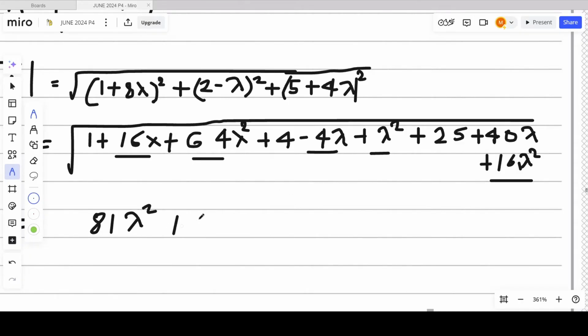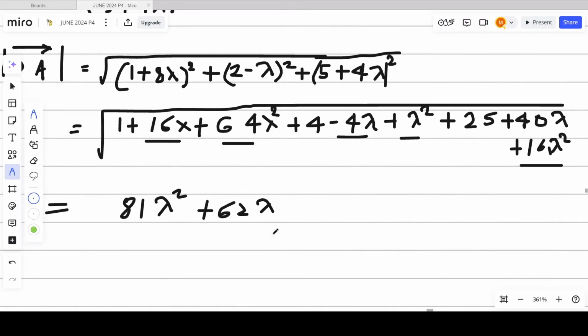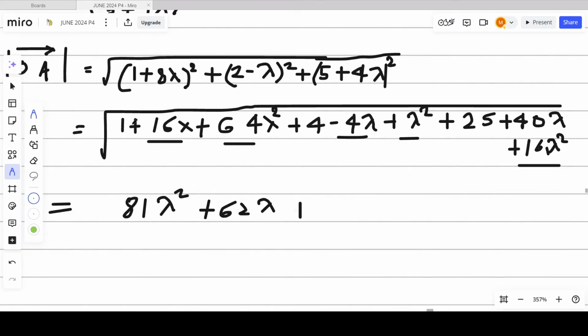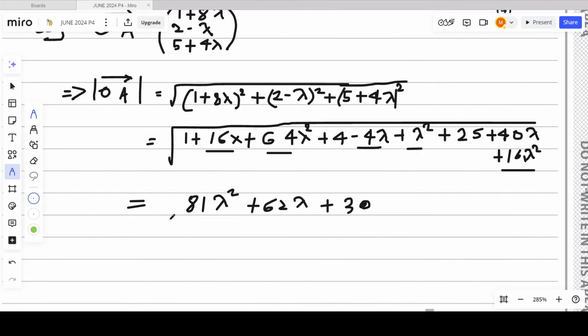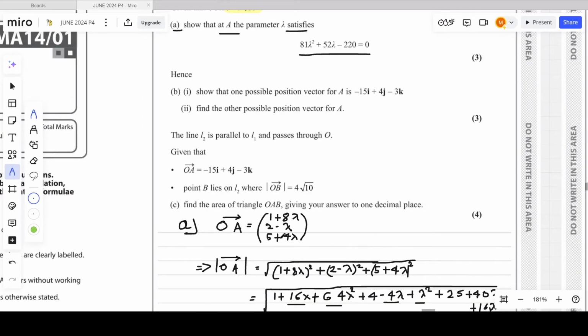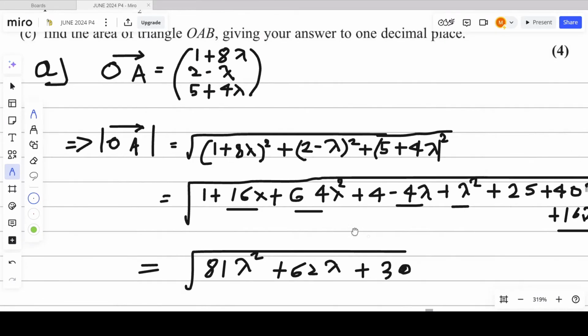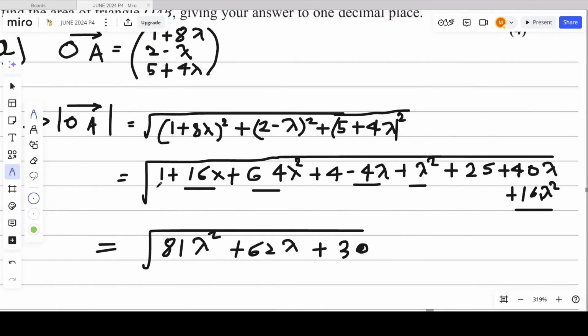Then the constants: 1 plus 4 is 5, 5 plus 25 is 30, and the whole square root.